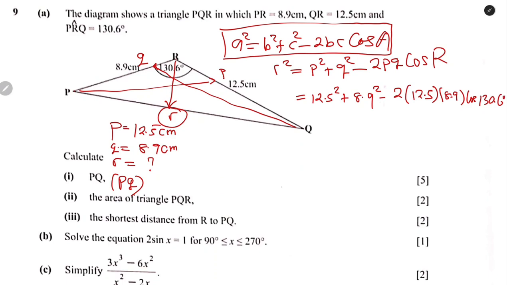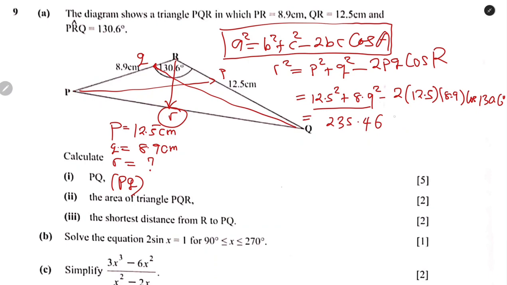Now, if we punch in the first part, it is going to give us 235.46.